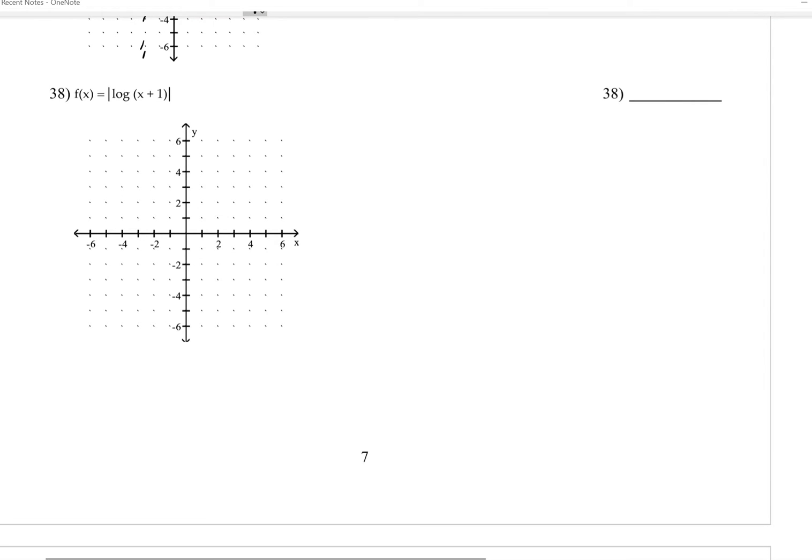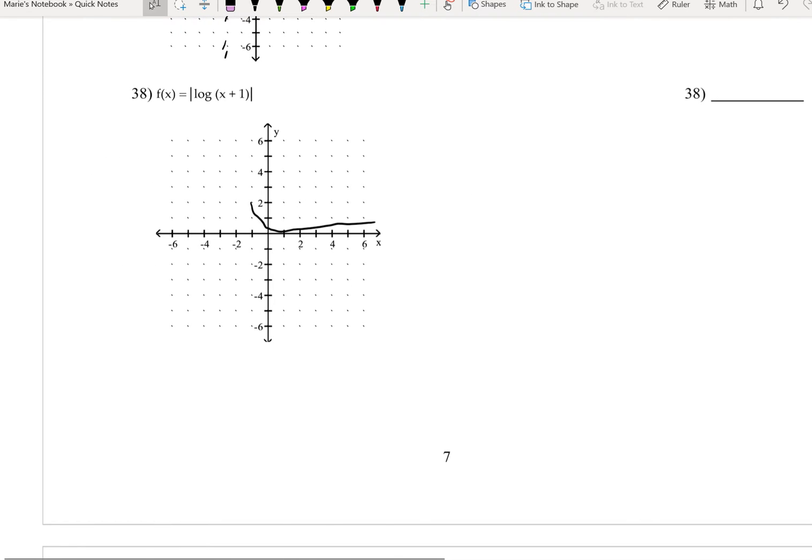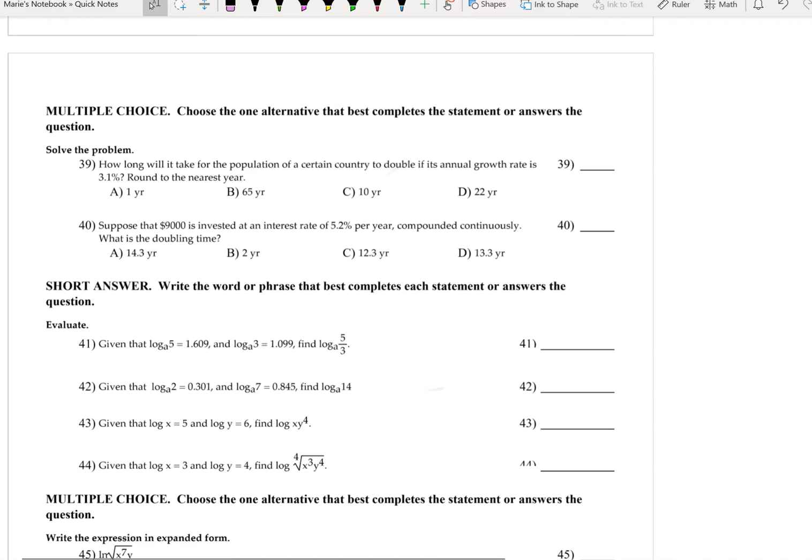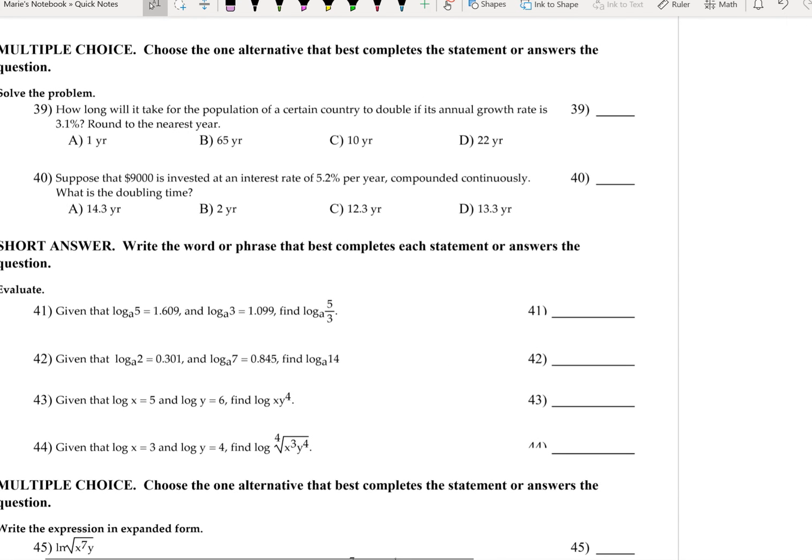Remember, these are all base 10. And so the value should look something along this line where it will go like this. Okay, and that's just plug and play. Remember, these are absolute values, so they're all positives. You can use your calculator to check them out.